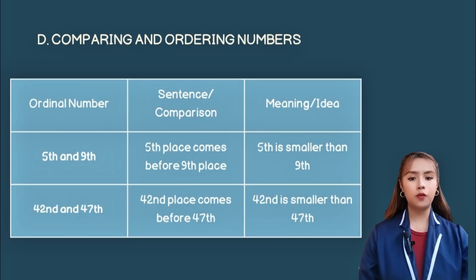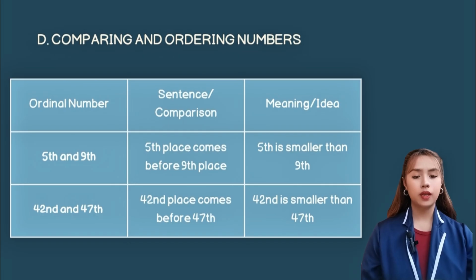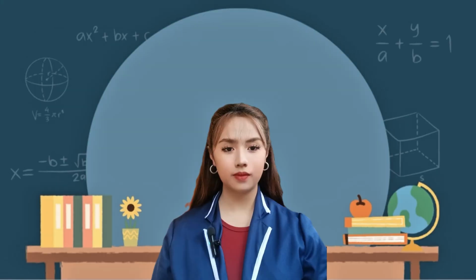So we can say the 42nd place comes before the 47th place. This means that the 42nd is smaller than 47th. So when we compare the numbers, we check which number comes first and which comes after. The smaller number always comes before the bigger number.